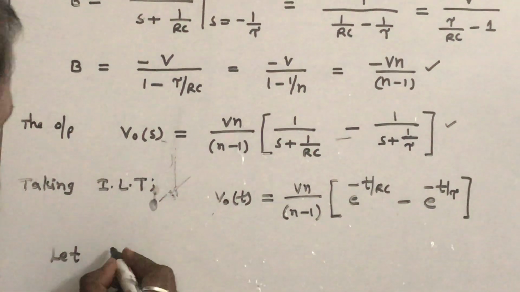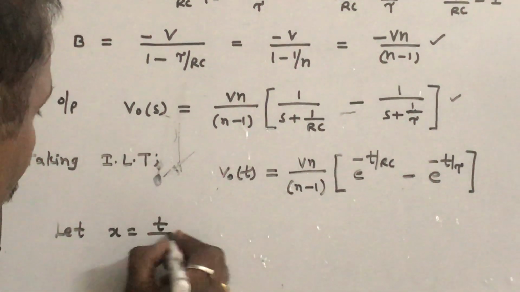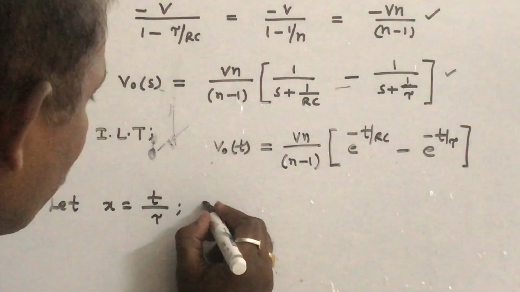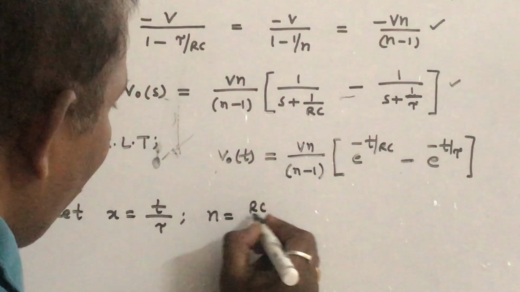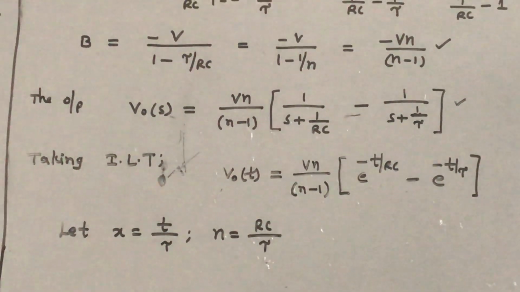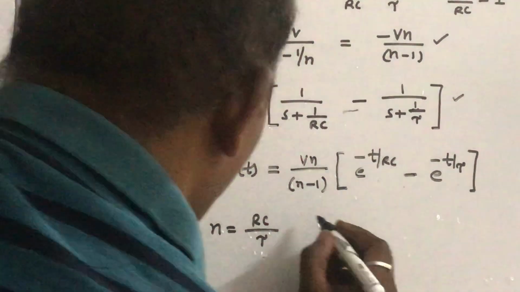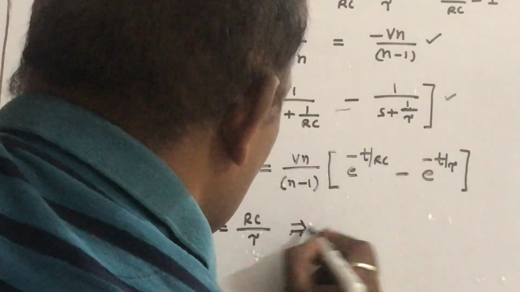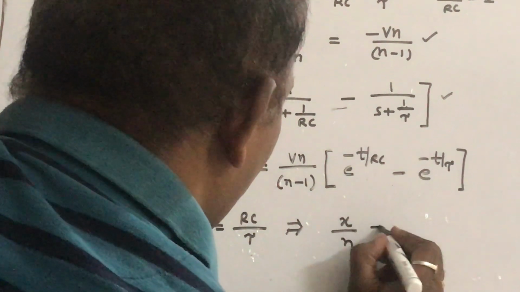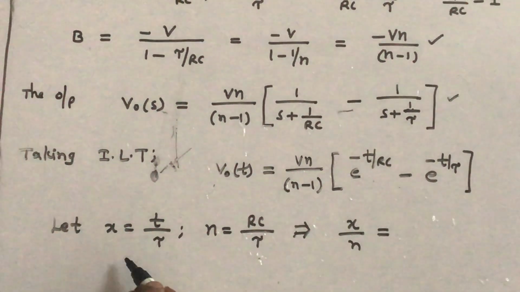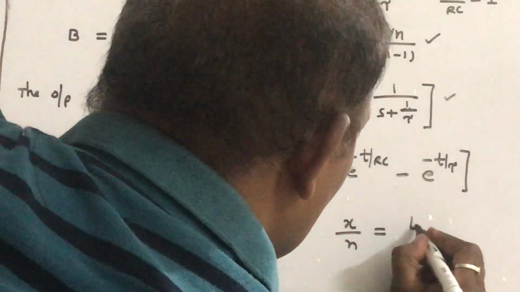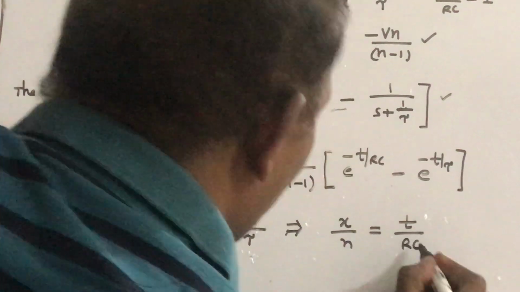Let us make certain substitutions here. Let x is equal to t by tau, and we have already assumed n is equal to the time constant of the RC circuit by the time constant of the exponential input. If you take the x by n ratio, x by n will come out as t by RC.